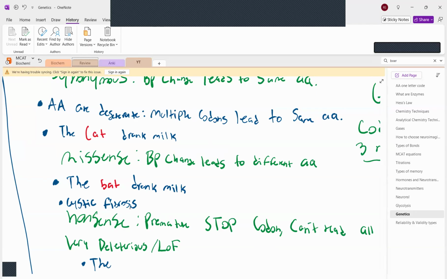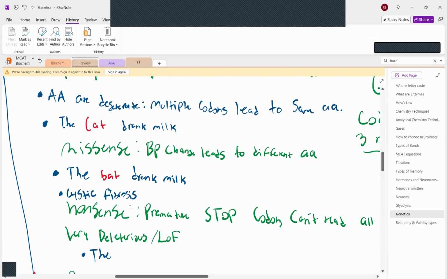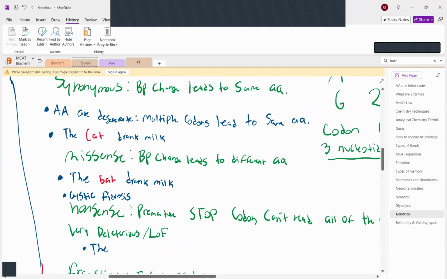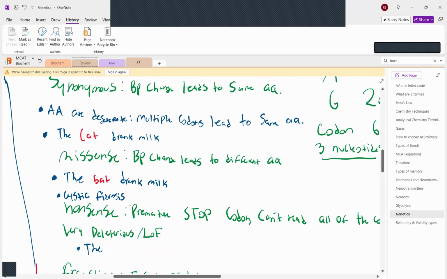It also makes you a lot more susceptible to infections too. But it's all because there's a deletion of phenylalanine at position 508. So just a single amino acid change can lead to this horrible disease.